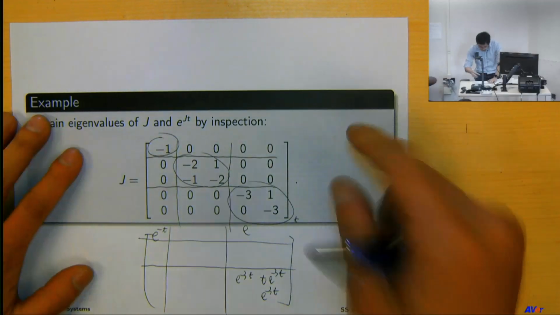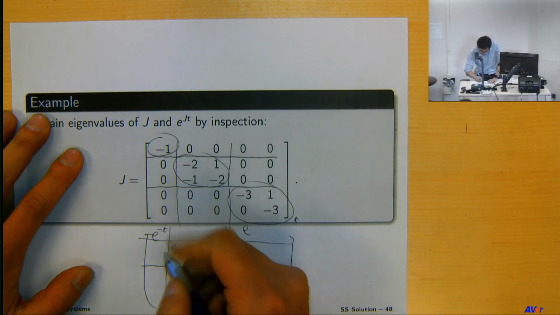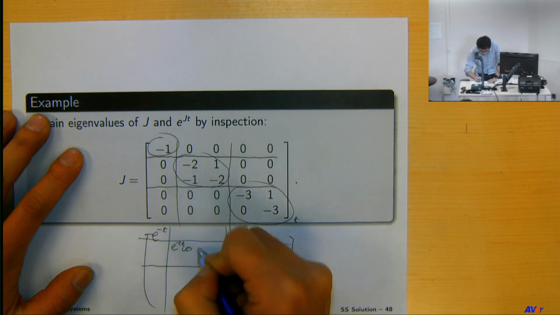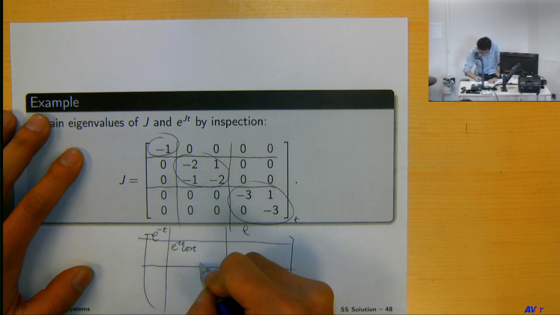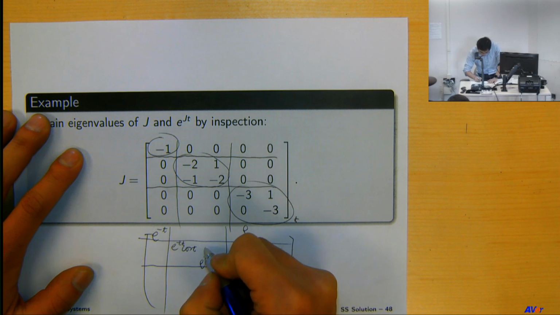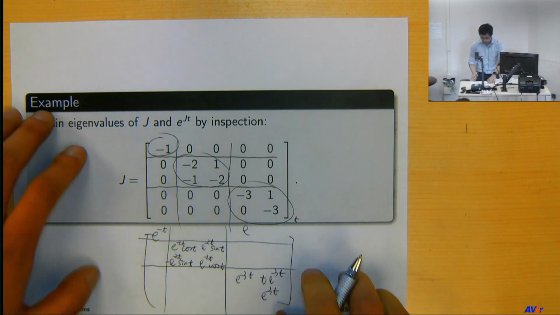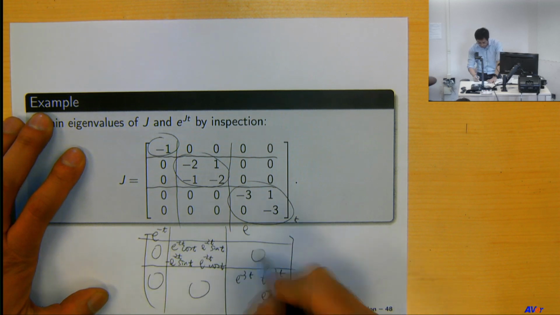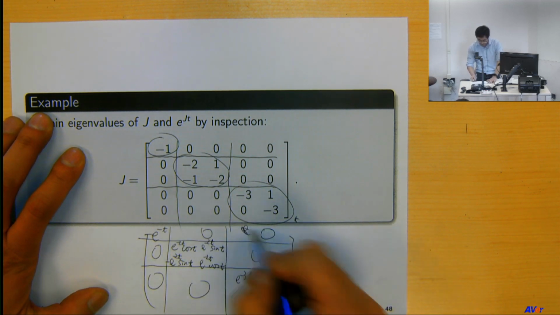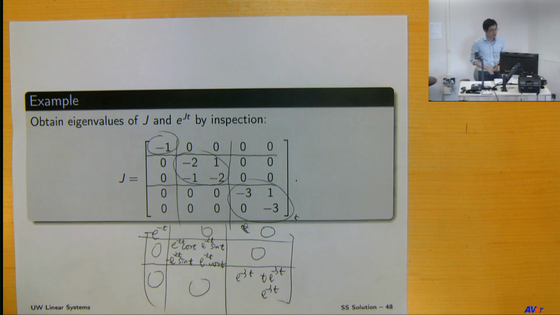So this is e^{σt} cos(ωt), e^{-2t} cos t, e^{-2t} sin t, and then e^{-2t} sin t, and all the others are 0. So that's the solution for this block Jordan matrix.